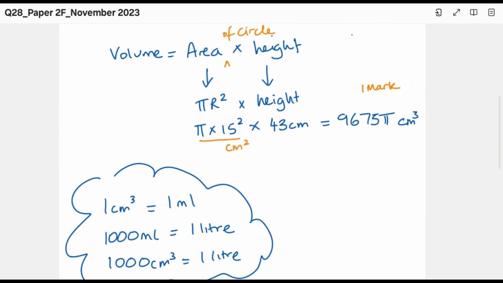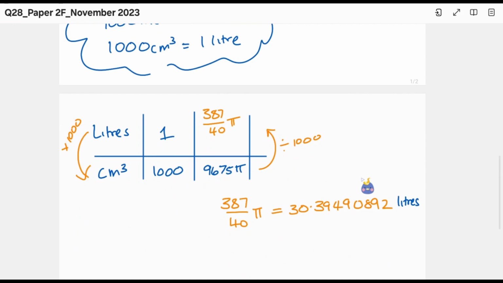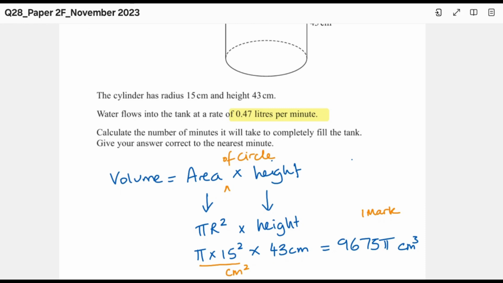So we had 1 mark here, and now this is another mark for the conversion to liters. So I'm going back to the 2nd line again. The water flows into the tank at a rate of 0.47 liters per minute.